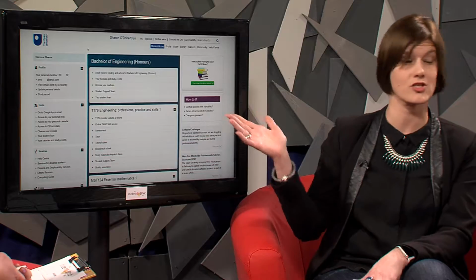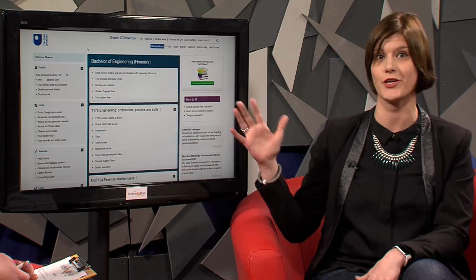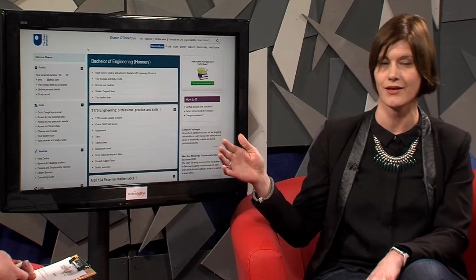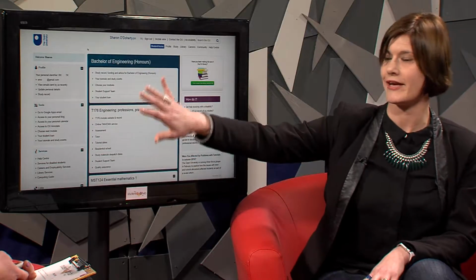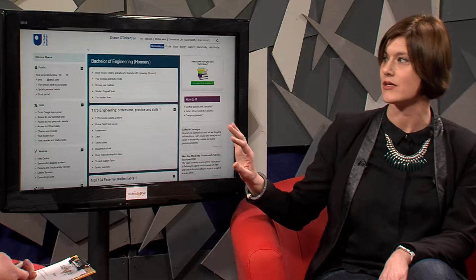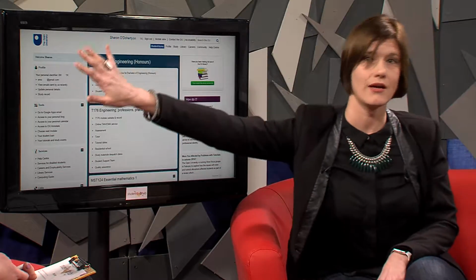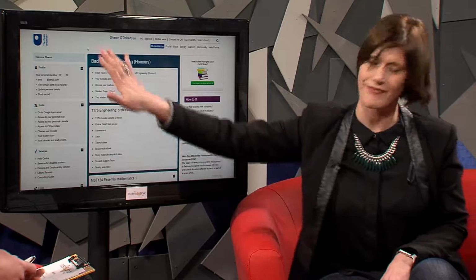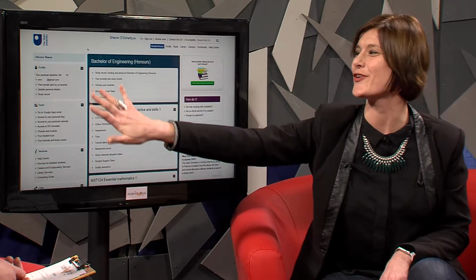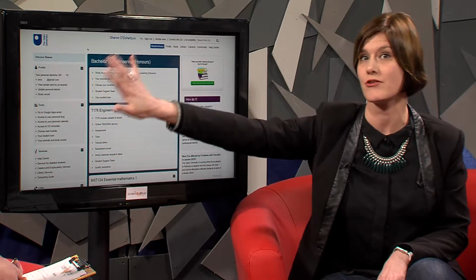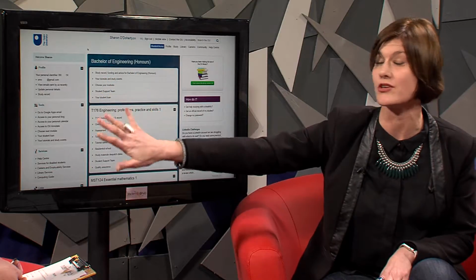Okay, so this is Student Home, and this is probably what you would see the first time that you log in. And what you've got here is all your core information that you need while you're studying. Along the left-hand side, you've got all your profile information, so you're able to edit your profile information. You've got shortcuts to tools.